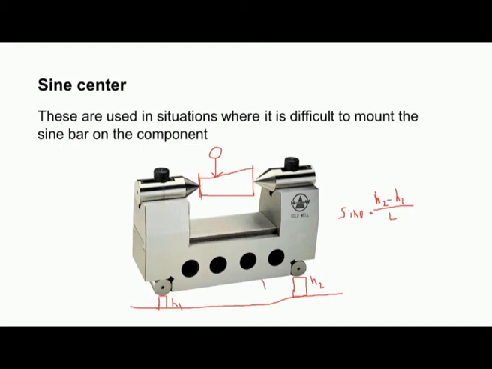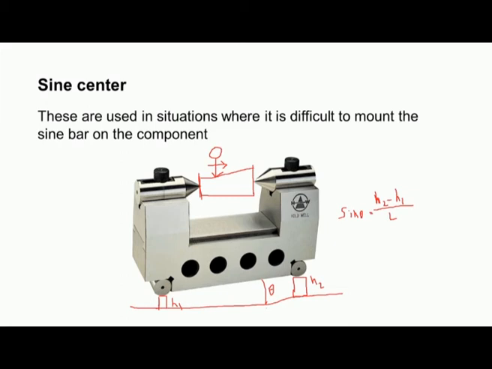So, we can always change this theta by varying this height difference, so that the dial indicator, which we move along the generator of the tapered component, reads 0. When we move the dial indicator on the generator of the workpiece, this should read 0.